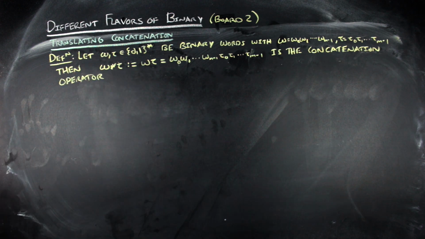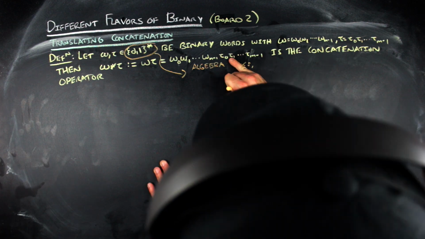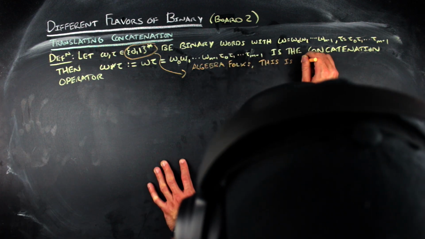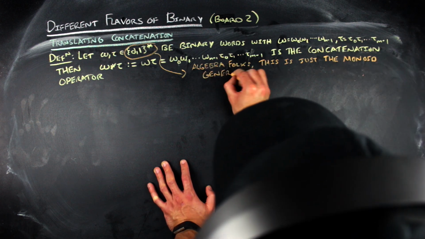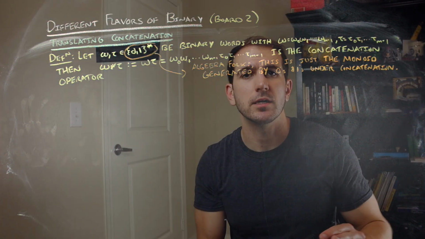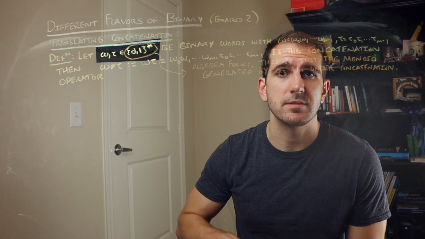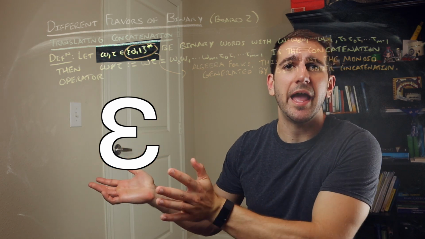And on the board here, I have written this {0,1}* thing. For those of you that are more algebraically inclined, this is just the monoid generated by concatenation over the symbols 0 and 1. In particular, the important thing here is that this guy, epsilon, is there. He hangs out.